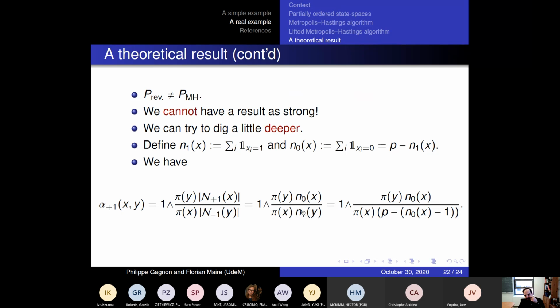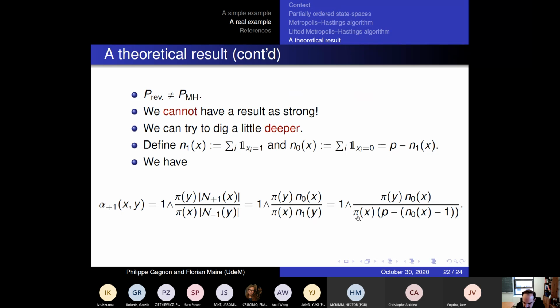And for the same reason, you can write n1 of y as p minus n0 of y. But n0 of y is n0 of x minus 1, okay? Because if you are adding covariates, your model y will have one less zero than x.